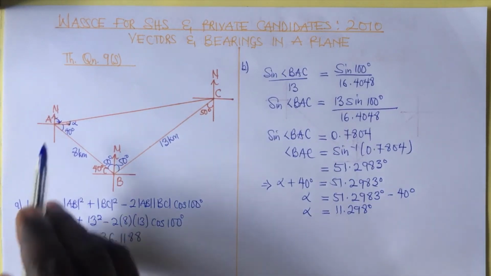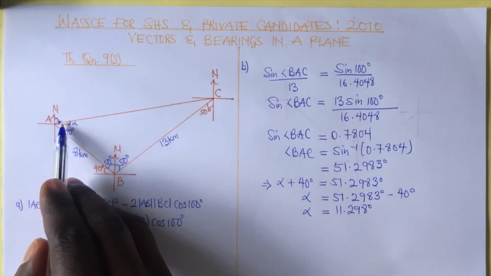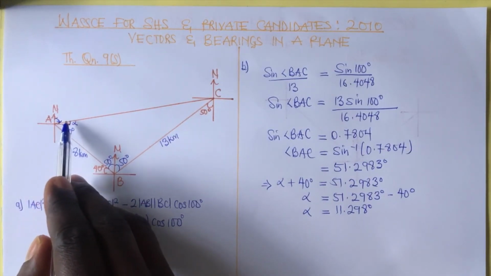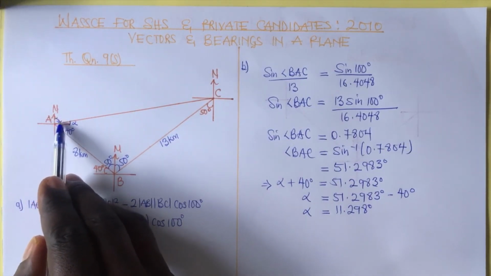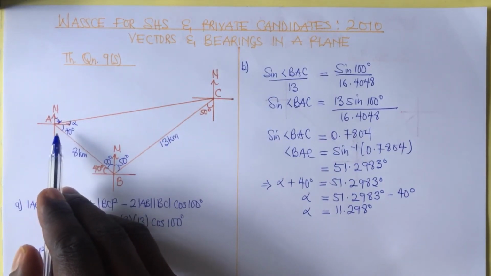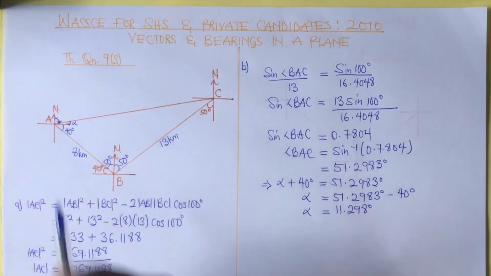Let's subtract. The total angle here is 90 degrees. That's the two angles. So if we want to find this angle there, that's the bearing, we have to subtract alpha from 90 degrees.